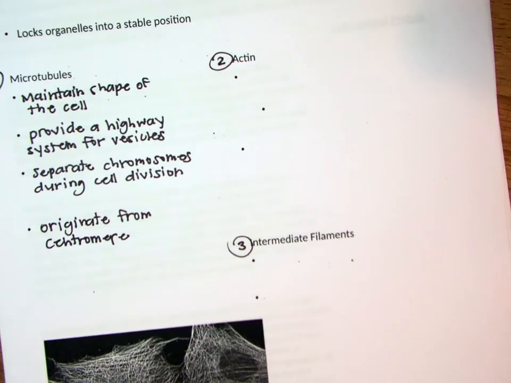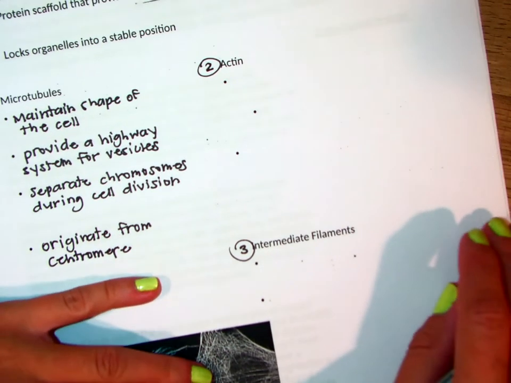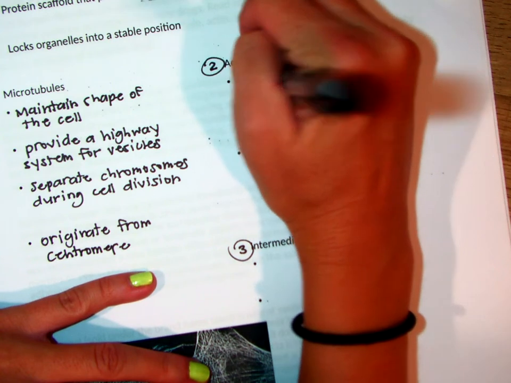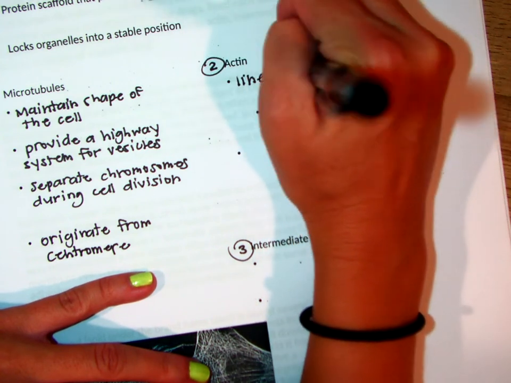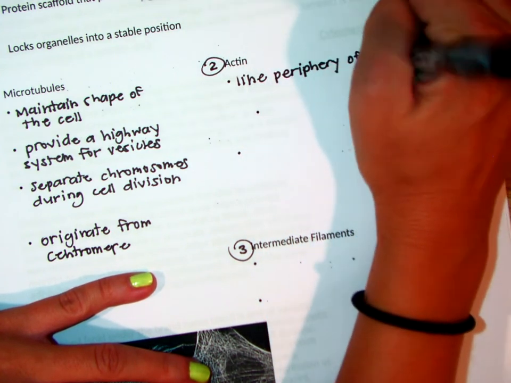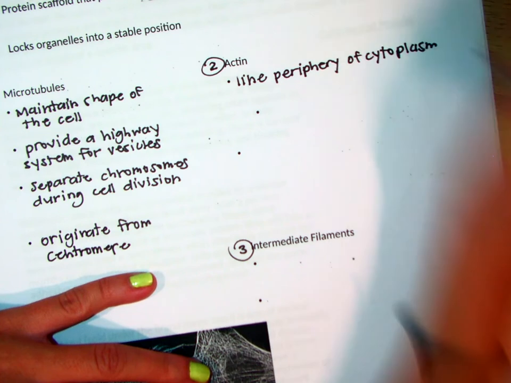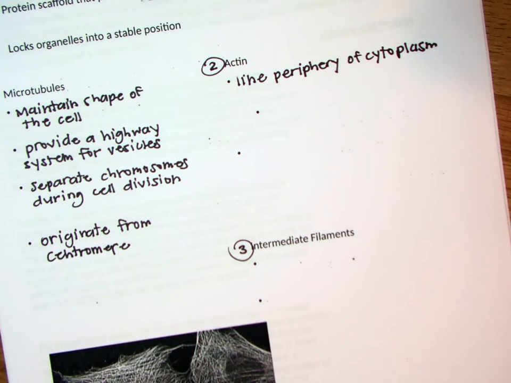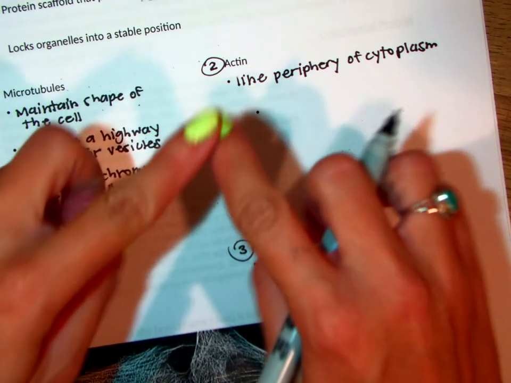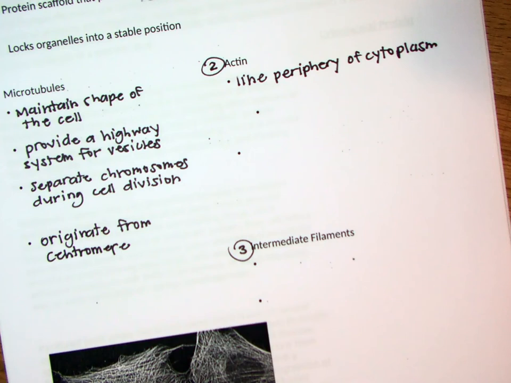Alright, number 2 is actin, and these line the periphery of the cytoplasm. So remember, the cytoplasm is that jelly-like material in the cell, so it kind of forms a line around it.